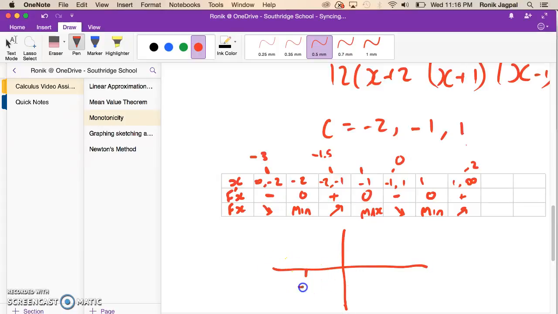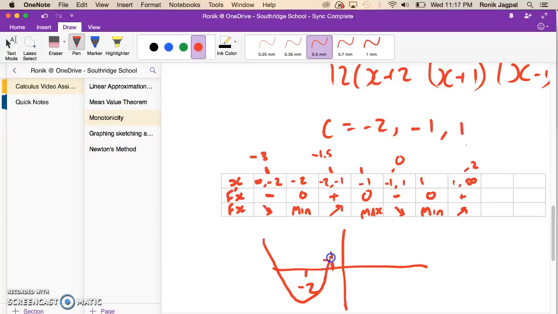So essentially, at negative 2, our graph is going to go down and come back up. Our next point is negative 1, and at negative 1 we can tell it's a max because we're going from positive to negative. Between negative 1 and 1, I use 0, and I got a negative number.